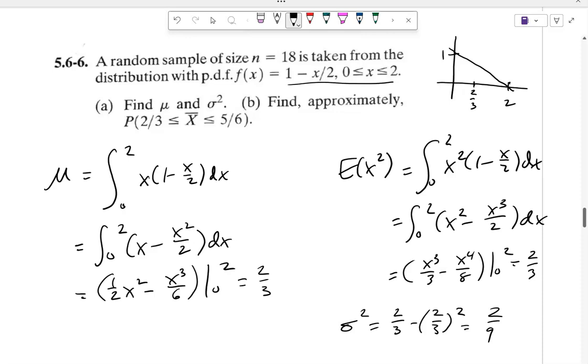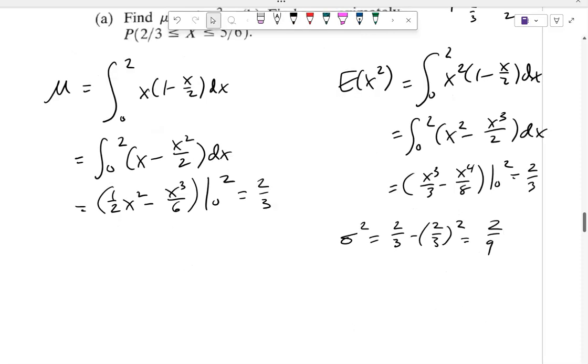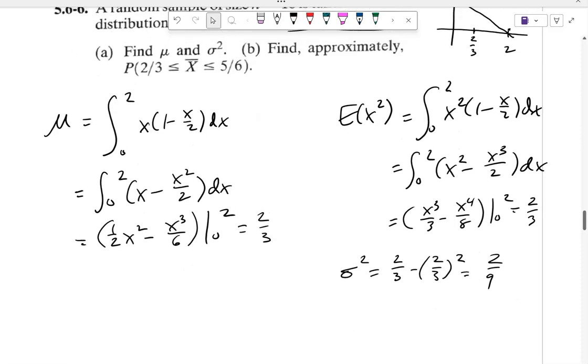Okay. All right, so that's what part A was. A little bit of a review for finding mean and variance, but the important part is approximate this probability.